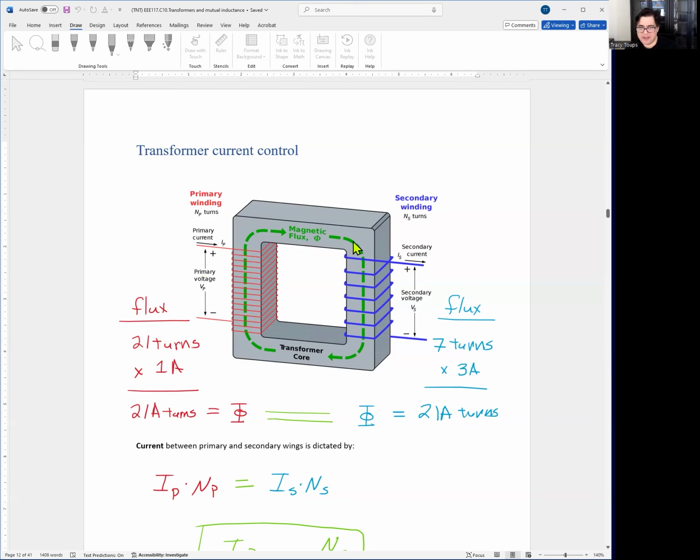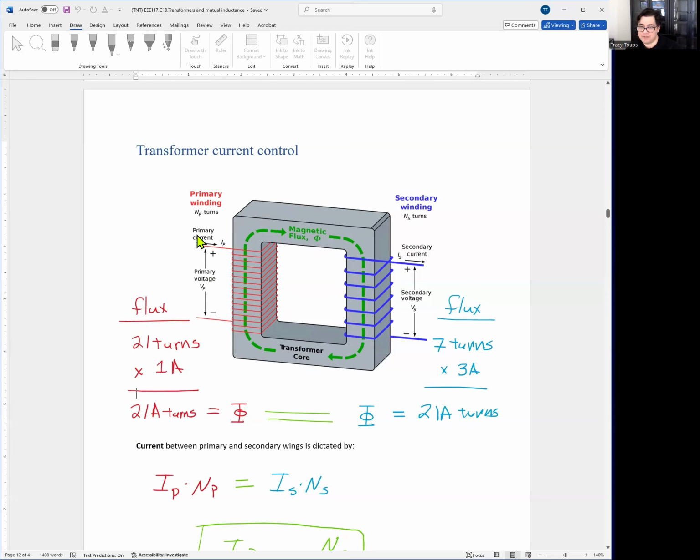If you're taking electromagnetics, the professors would probably shoot me for saying this, but this is the layman's easy way to understand it. The more loops we have, the more current we flow, we multiply turns by current, and that's my total magnetic field flowing through. So I have 21 amp turns worth of magnetic field flowing through my core. We're not going to lose any of that. So on the right-hand side, we must have 21 amp turns to let go.